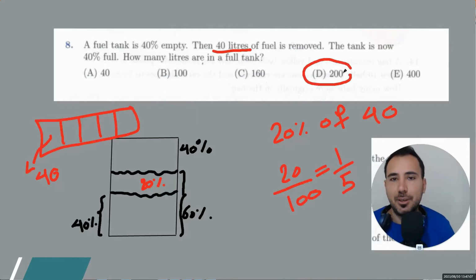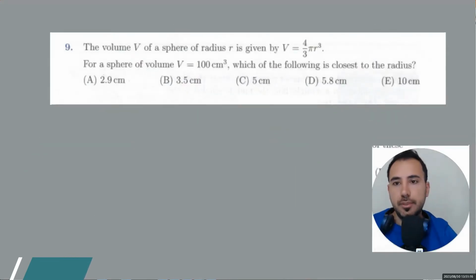So the volume V of a sphere of radius r is given by this formula. For a sphere of volume V equal to 100, which of the following is closest to the radius? We're going to assume pi is equal to 3.